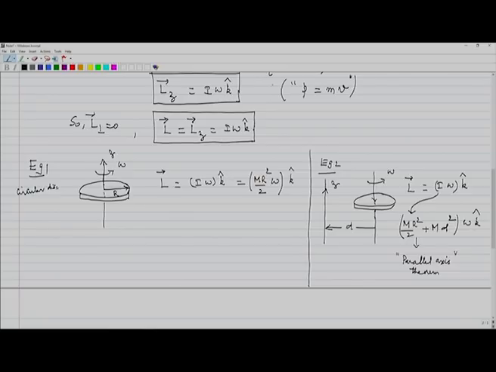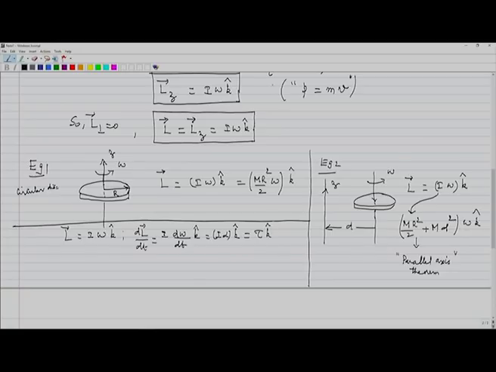We will make a few comments before we proceed further. So L is equal to I omega times k. Now what is dL by dt? dL by dt is equal to I into d omega by dt times k. d omega by dt is alpha, therefore I alpha times k, the unit vector. I alpha, as we saw yesterday, is nothing but the torque.